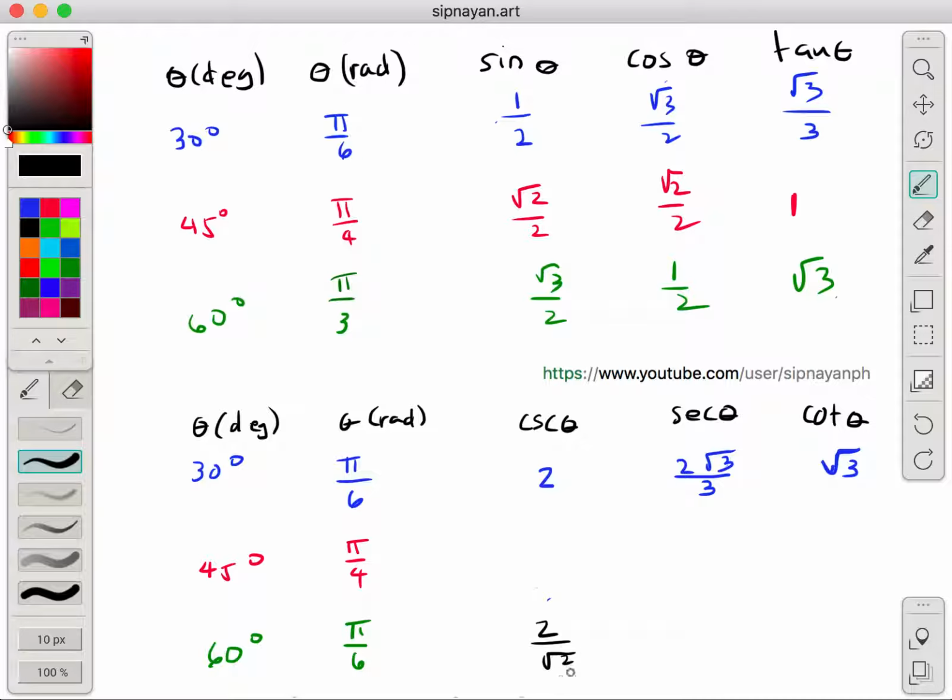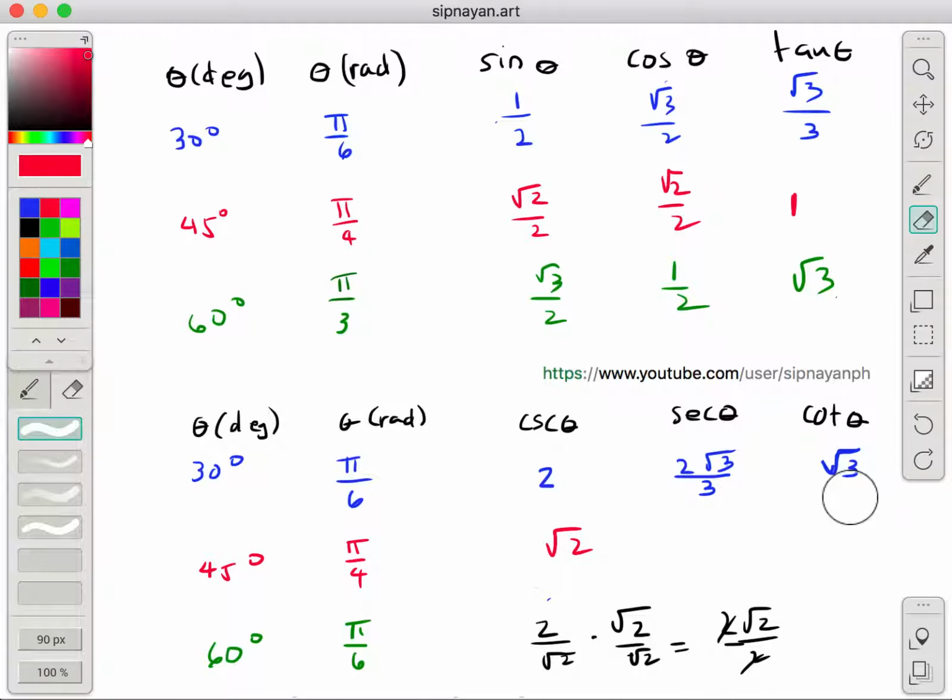To get rid of the square root of 2 in the denominator, we multiply by square root of 2 over square root of 2. So it becomes 2 square root of 2 over 2. This cancels, meaning it becomes just square root of 2.